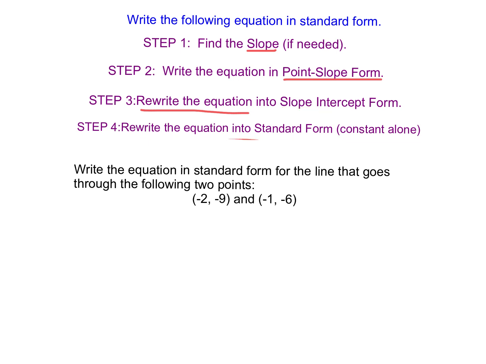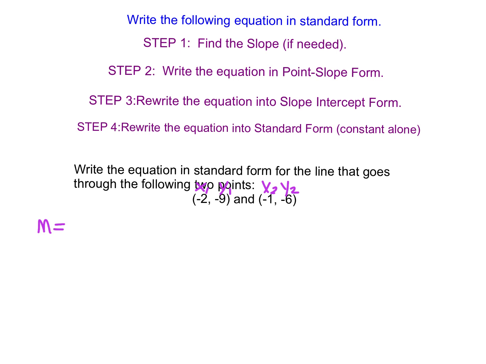So notice how similar the steps are from writing the equation for a slope-intercept form equation or a point-slope form equation. So here to start, we're going to find our slope if it's needed, which we can see we have 2 points. So I have x1, y1, x2, y2, so I can see that, yes, in fact, I do need to locate my slope.